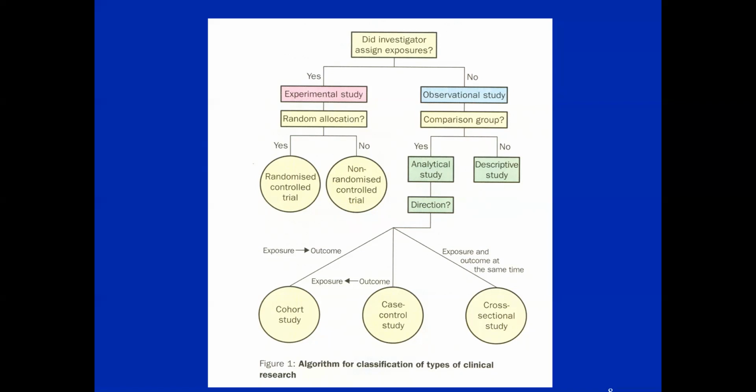If you don't give it at random, those are non-randomized controlled trials. Usually randomized controlled trials are the gold standard if you want to see the relationship between exposure and outcome.